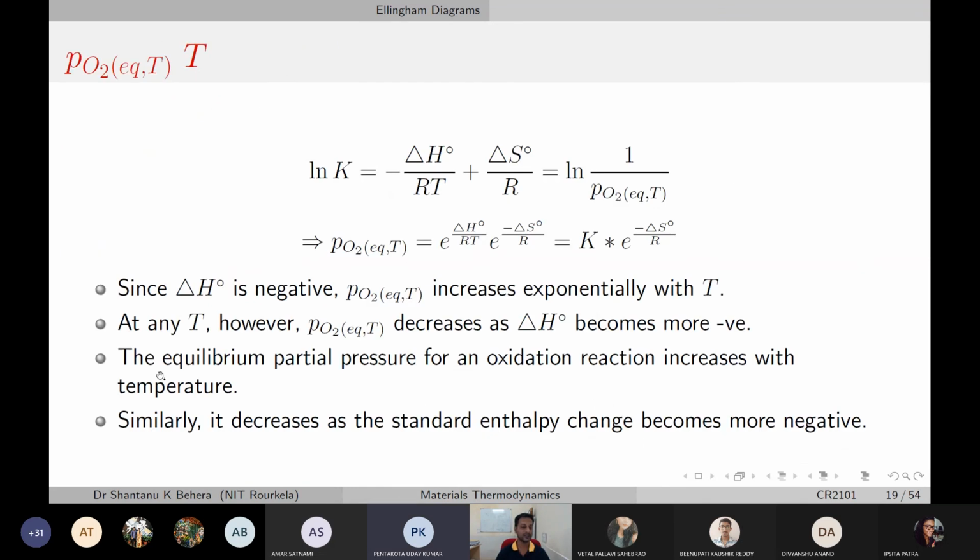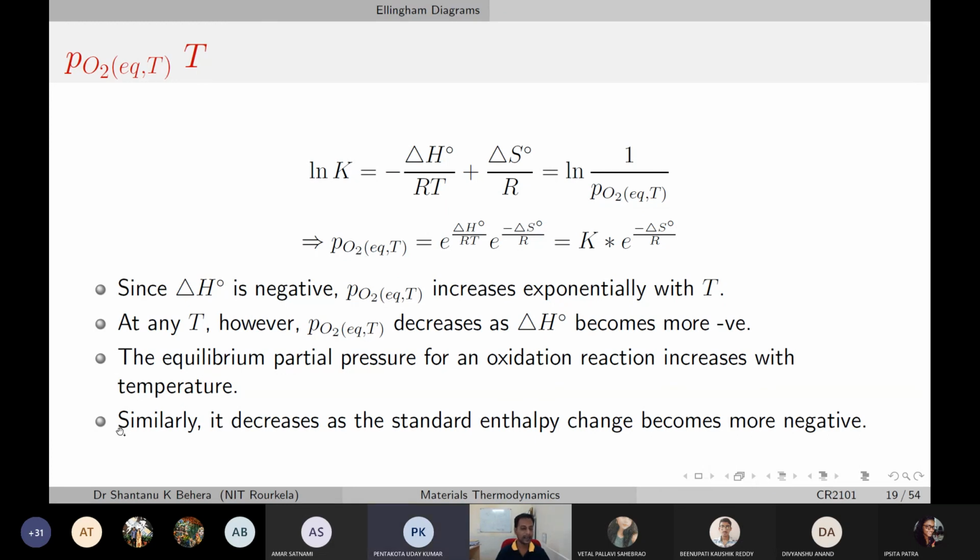All right, so this is simply what I said. The equilibrium partial pressure of an oxidation reaction increases with temperature, which is a statement for the first term. Simply, this is a mathematical form, sort of, and this is a simple statement.